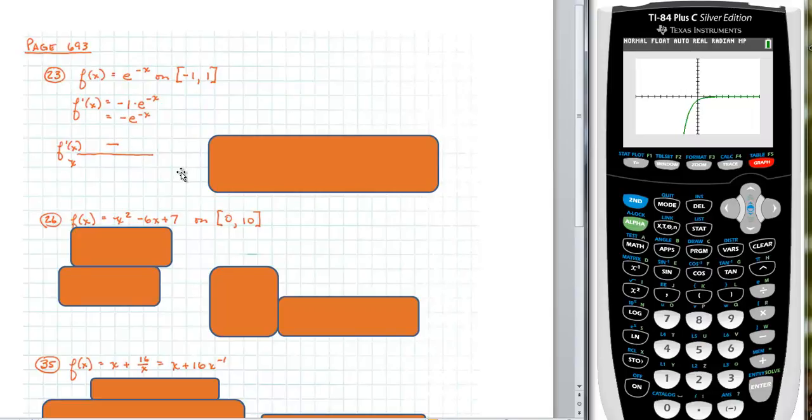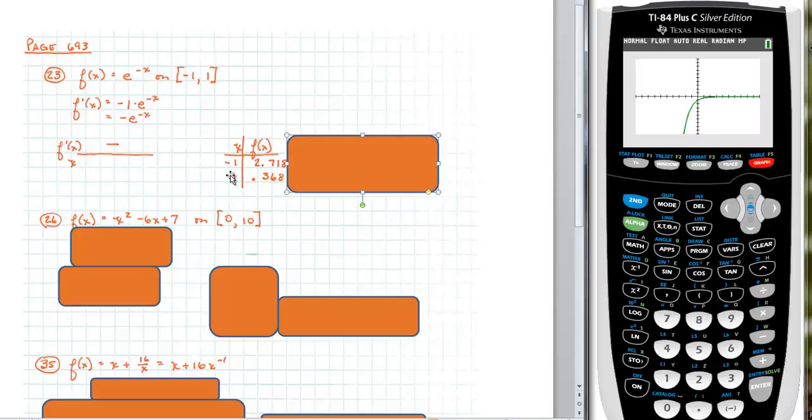So when I have a closed interval, I have to look at the left endpoint, right endpoint, and any f prime equals 0 in the middle, any critical numbers, and I don't have them on this one. So the next part I need to do is a t-table.